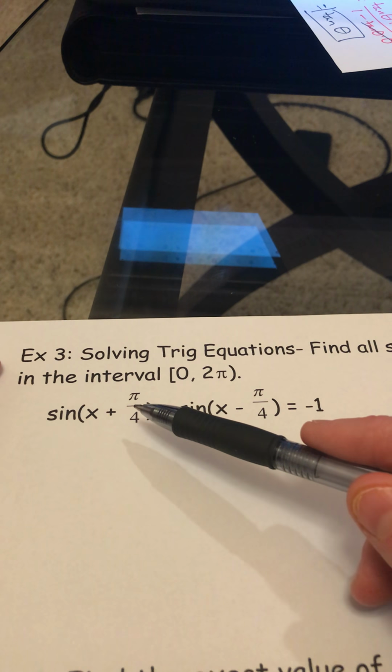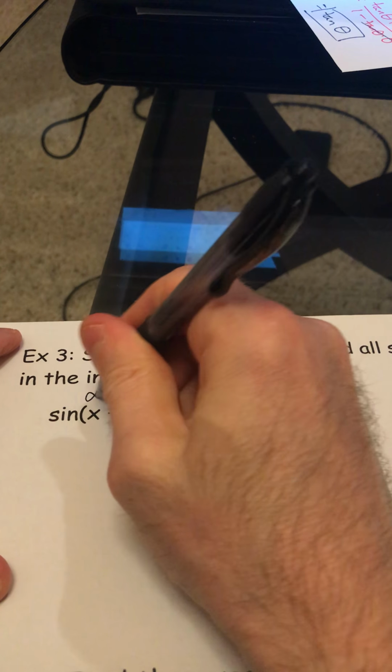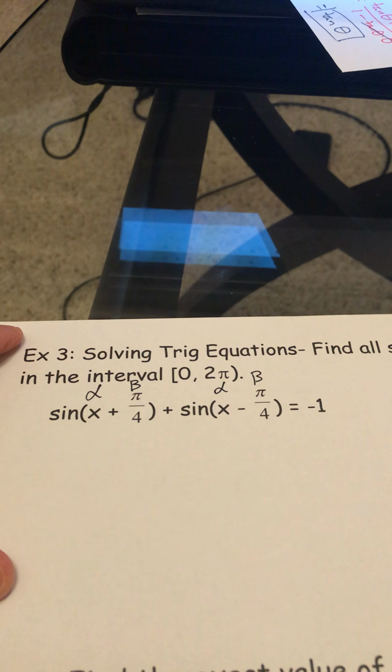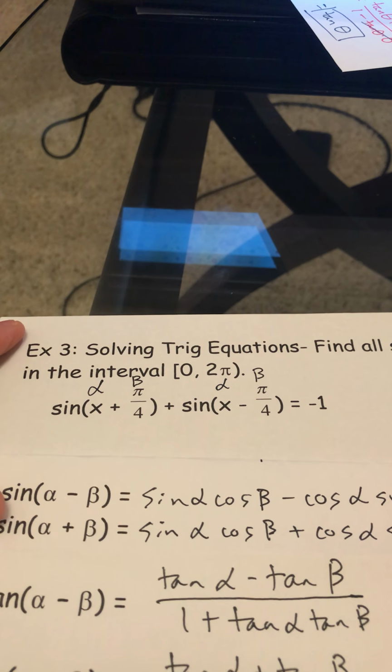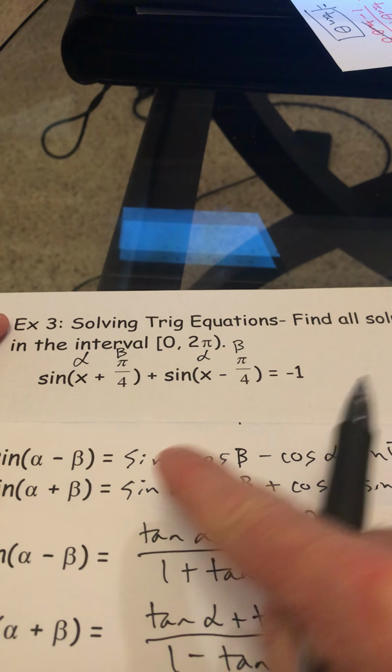Well, what we are going to actually have to do here is use our sum and difference formula for sine. So we are going to have an alpha and a beta here, an alpha and a beta here as well. So I am going to actually put the formulas at our reference.